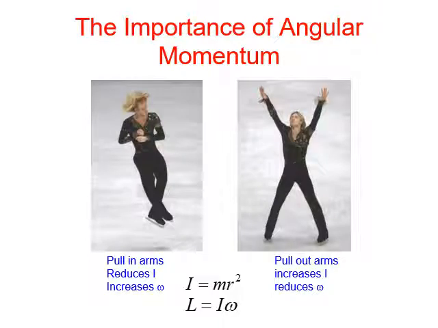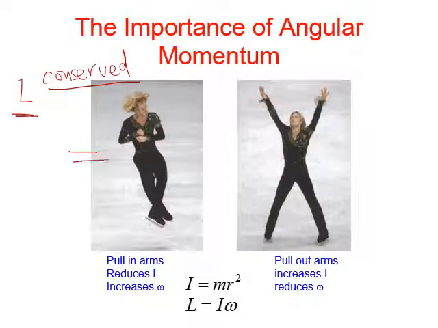Just like linear momentum, angular momentum is also important in rotation. For example, when an athlete rotates, the angular momentum must be conserved. When we want to rotate fast, you pull your arms in, and that reduces the rotational radius.